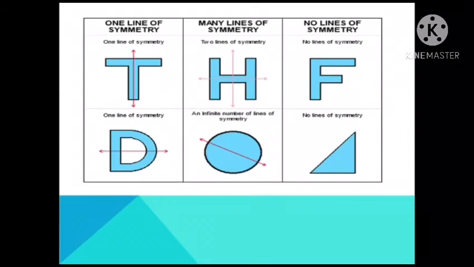No symmetry line means we can't find a symmetry in the picture. When the picture is like that, we call it non-symmetry. So it may be one symmetrical line, many symmetrical lines, or no symmetrical line.